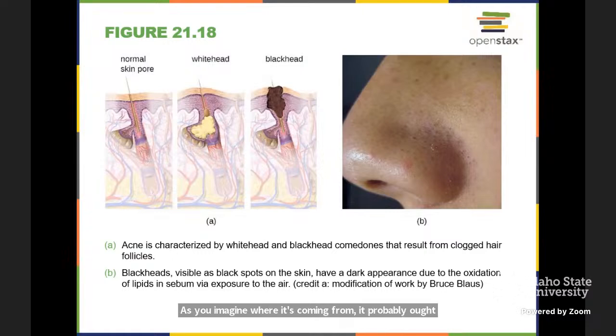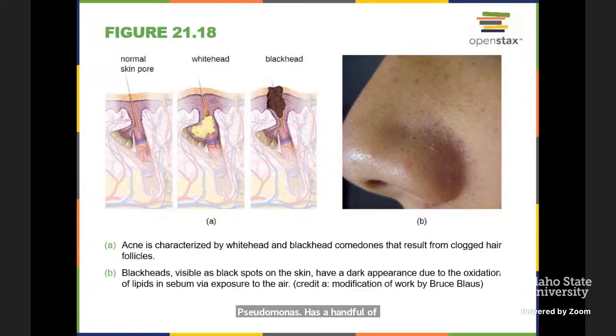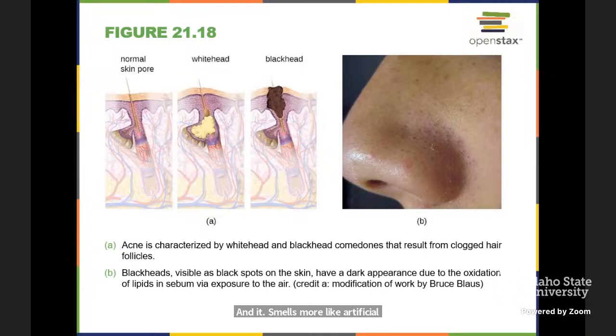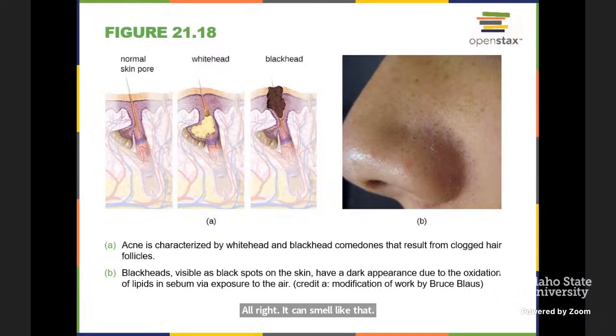Pseudomonas has a handful of different odors that have been described. Oftentimes, textbooks say it smells like grapes, and it smells more like artificial grapes. I think of the Hubba Bubba bubble gum, the grape bubble gum, or grape chapstick, right? It can smell like that. I've smelled that maybe twice, all right?